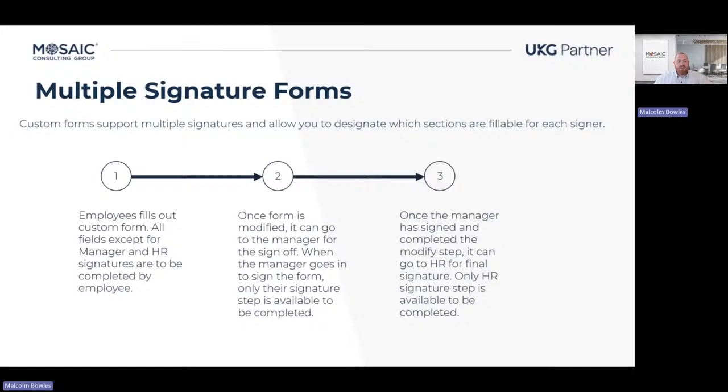All right. Now, I'm sure we're going to have some questions after on this piece, but your multi-signature takes a little bit of getting set up. There's certain questions you just have to make sure that when you're inside the actual custom form itself, you're checking the right boxes of who's going to fill out what, and you do it based on signatures.